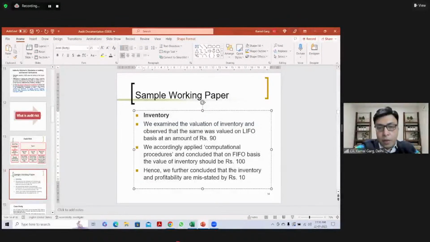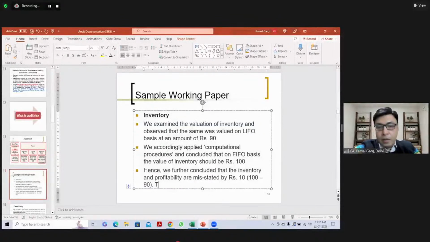How is this rupees 10 coming? 100 minus 90. Now, what I'm writing, are misstated, but by writing this sentence, I'm not able to understand what this misstatement is impacting, whether profitability is getting increased or decreased and so on.